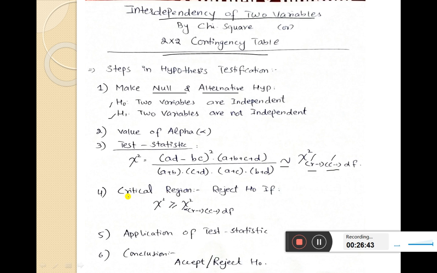The critical region is chi-square greater than or equal to chi-square alpha with R minus 1, C minus 1 degrees of freedom.